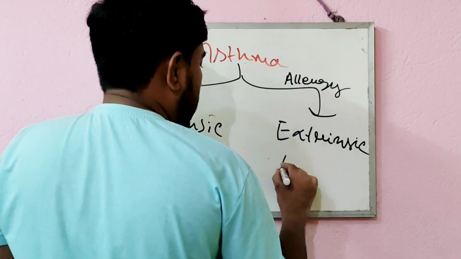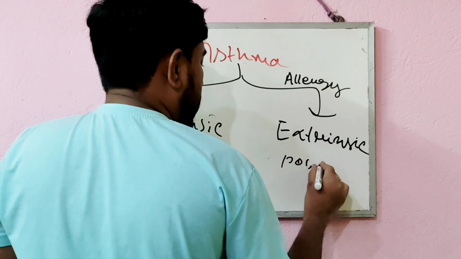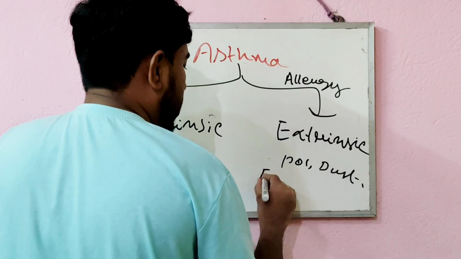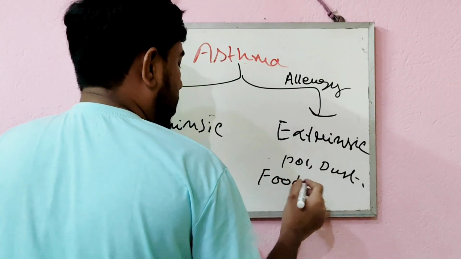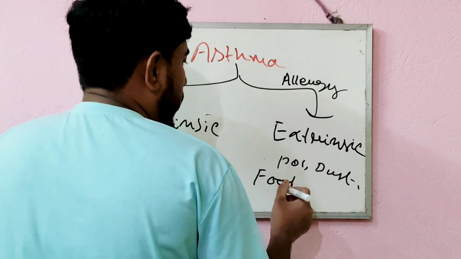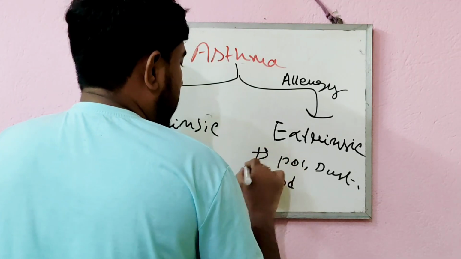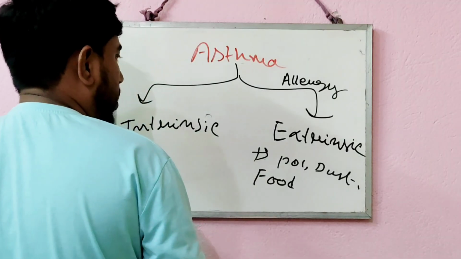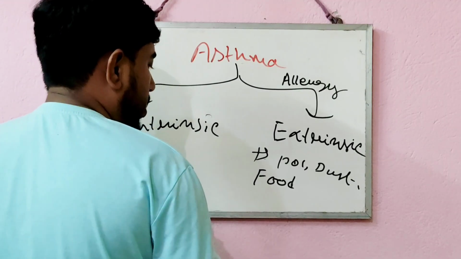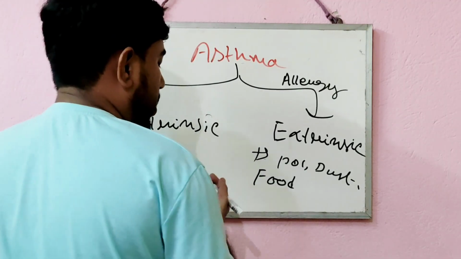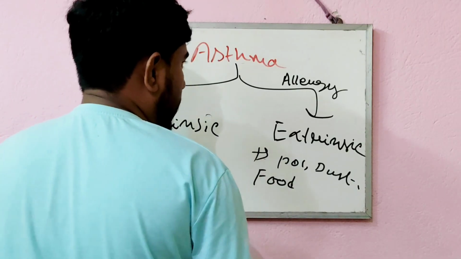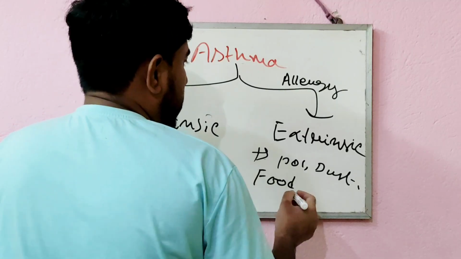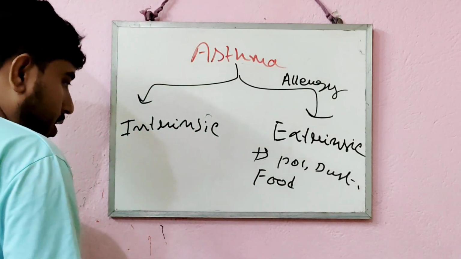When a foreign body like pollen, grains, dust, or sometimes food, some people have allergies to food, enters our body, especially the respiratory tract, during respiration or while taking inhaled air from outside, our body starts to show a hypersensitivity reaction.